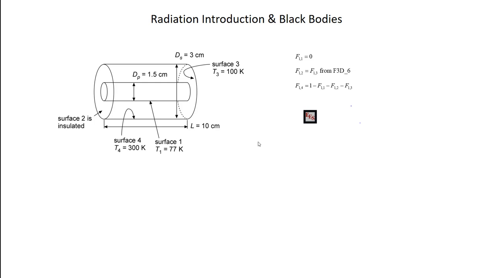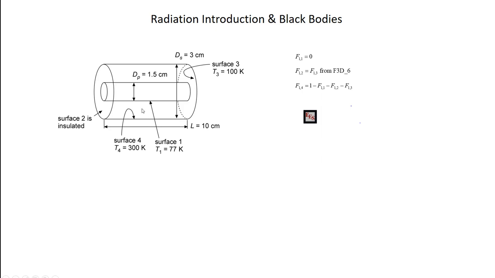You have to start at some surface and see what you know and what you can get based on what you know. I started here at surface 1, and it was pretty obvious that surface 1 can't see itself, so F11 is equal to 0. Surface 1 definitely sees surface 2 and surface 3. It sees surface 2 and 3 the same amount, so those two view factors should be equal. And then surface 1 also sees surface 4.